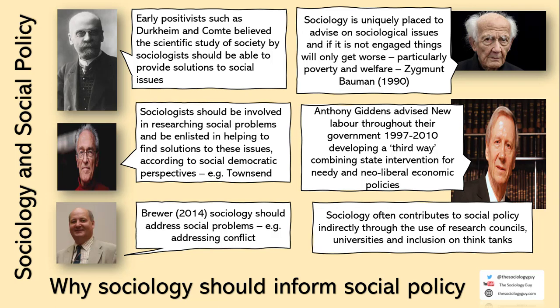Another way sociology also contributes is indirectly through research councils, universities, and inclusion on think tanks. Sociologists are often tasked with writing reports that will then go on to generate policies, and the Black Report is an example of that, which I'm going to use in my response.